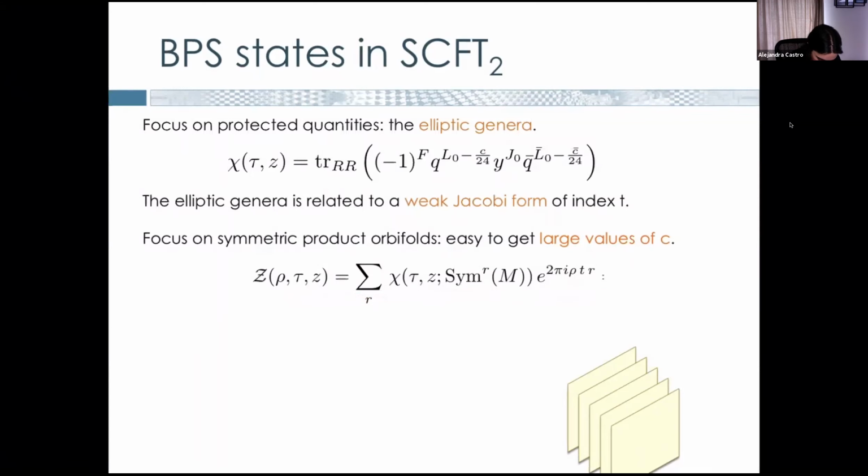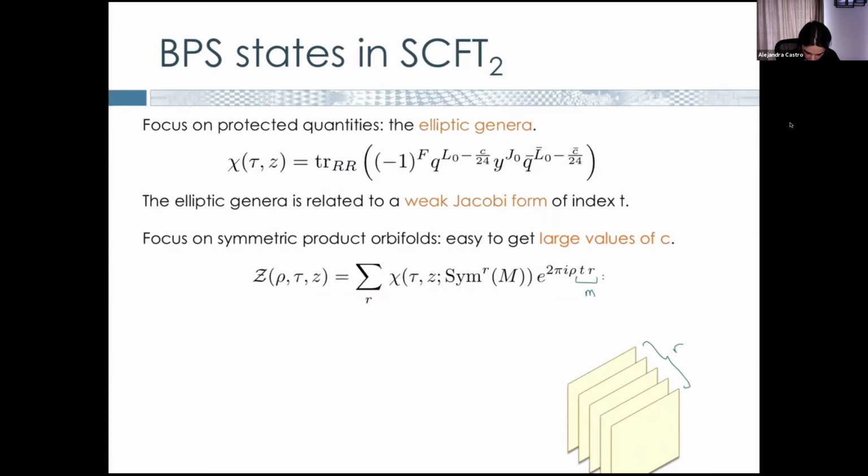Just because it's convenient, this parameter was what I was calling M before, but the index naturally goes into that prefactor. So now I have R copies instead of M copies, but it's basically the same thing. I'm annoying, I like to change notation. But yes, we'll do the symmetric product of the elliptic genus.